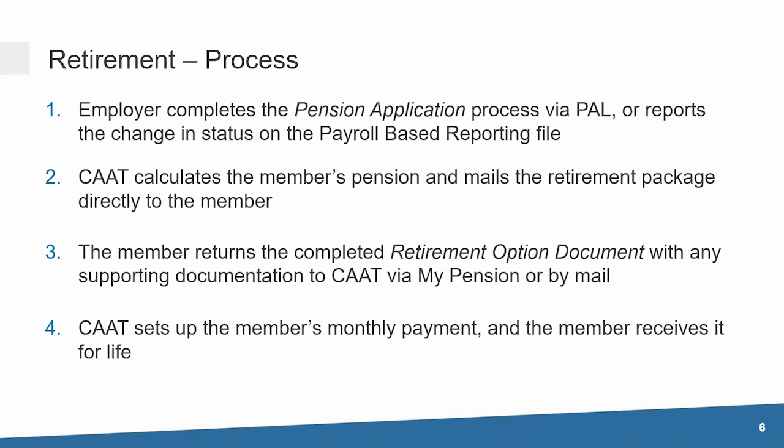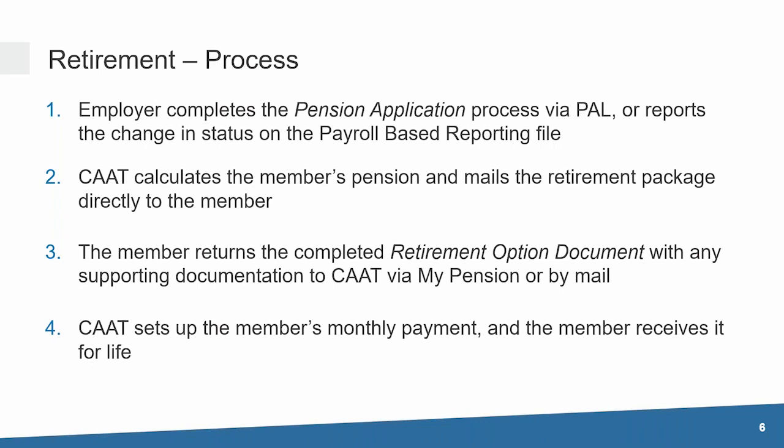This slide shows us the retirement process. To initiate the retirement process, complete the pension application via PAL, or report the change in status on the monthly payroll-based reporting file. We calculate the member's pension and send the retirement package to the member within 30 days of receiving the pension application.